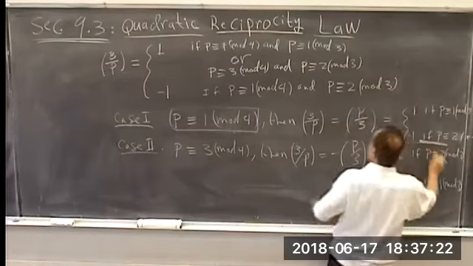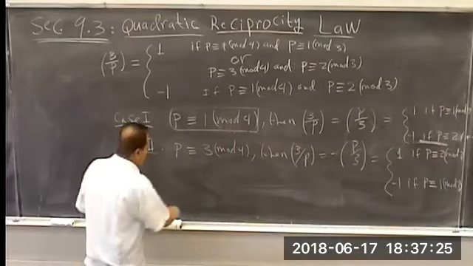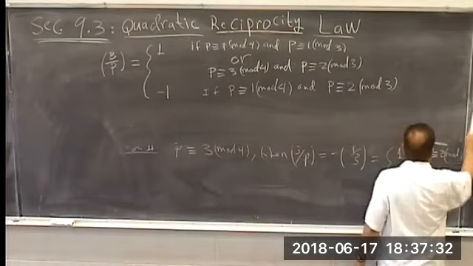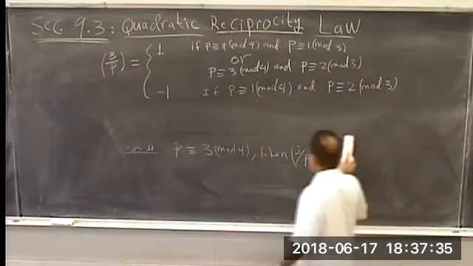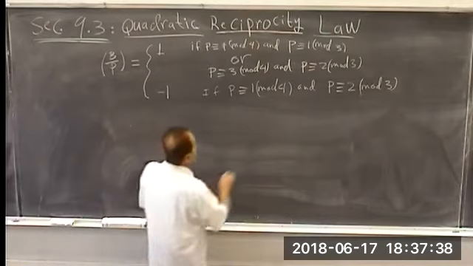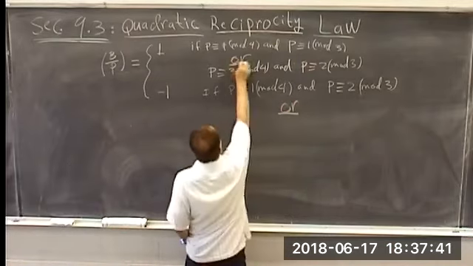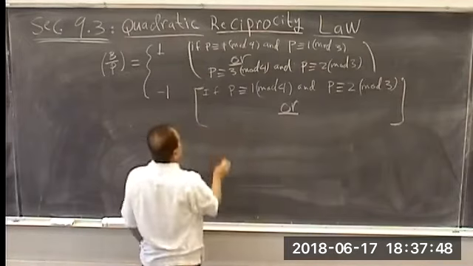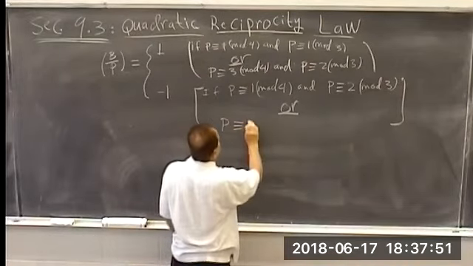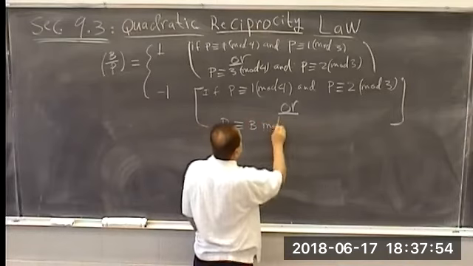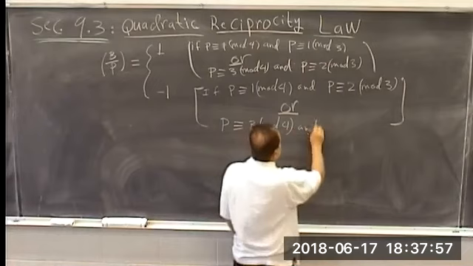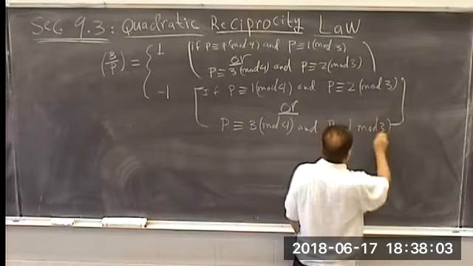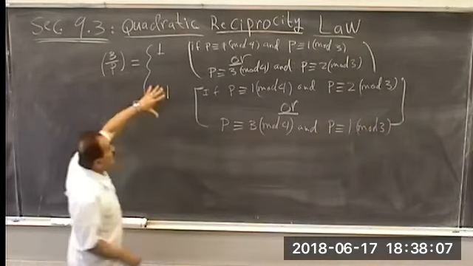And the second scenario is when p is congruent to 3 mod 4 and p is congruent to 1 mod 3. So these together give me 1, and these together give me negative 1.